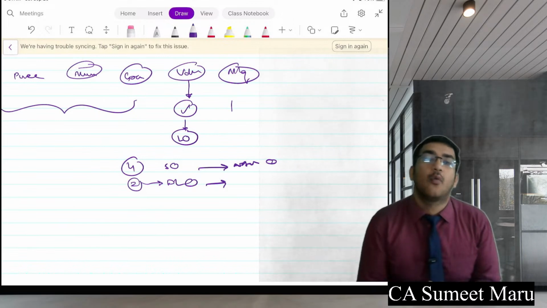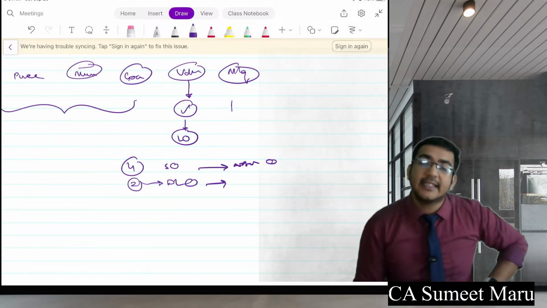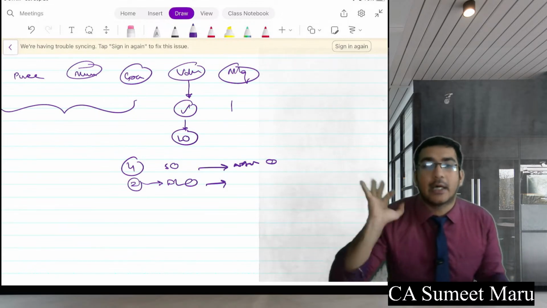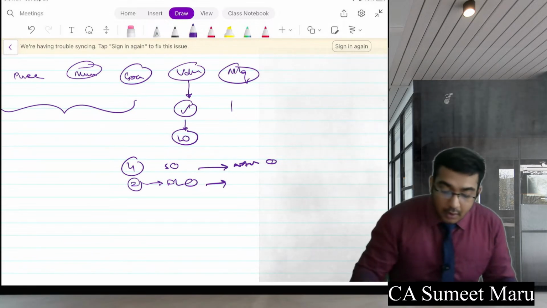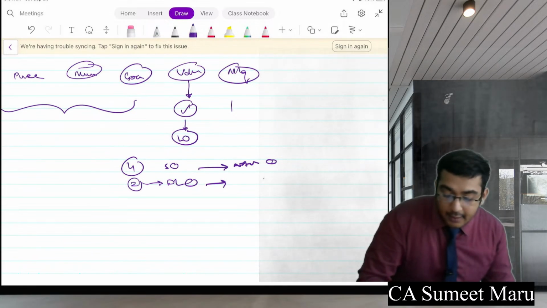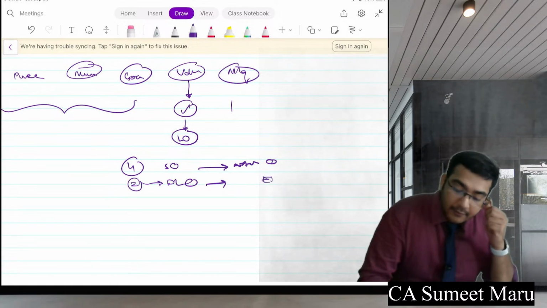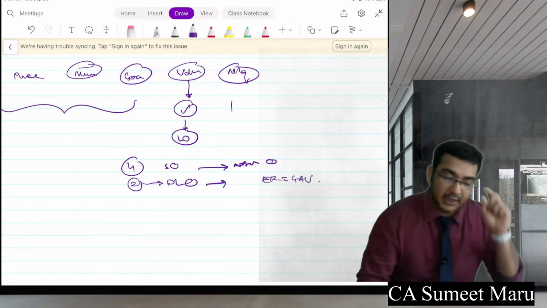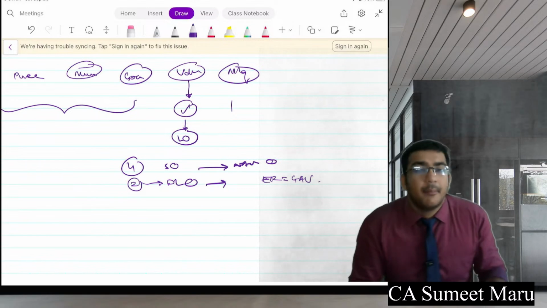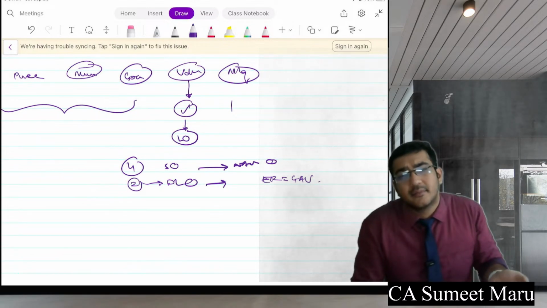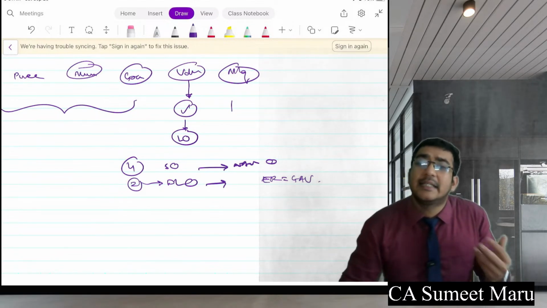In this case, what will happen? So in this case where the property is deemed to be let out, your expected rent will become GAV itself, and very logical, because there is no actual rent. Actually तो मुझे rent मिला ही नहीं है, it is deemed to be let out.